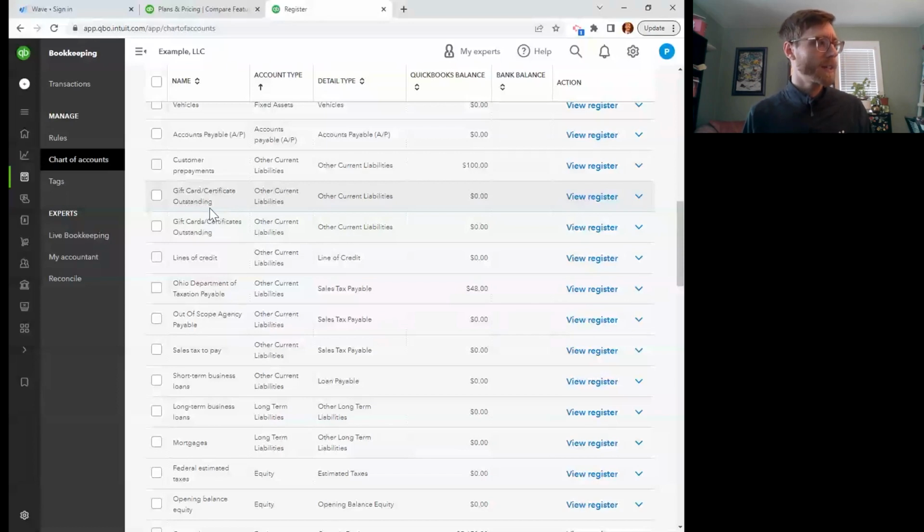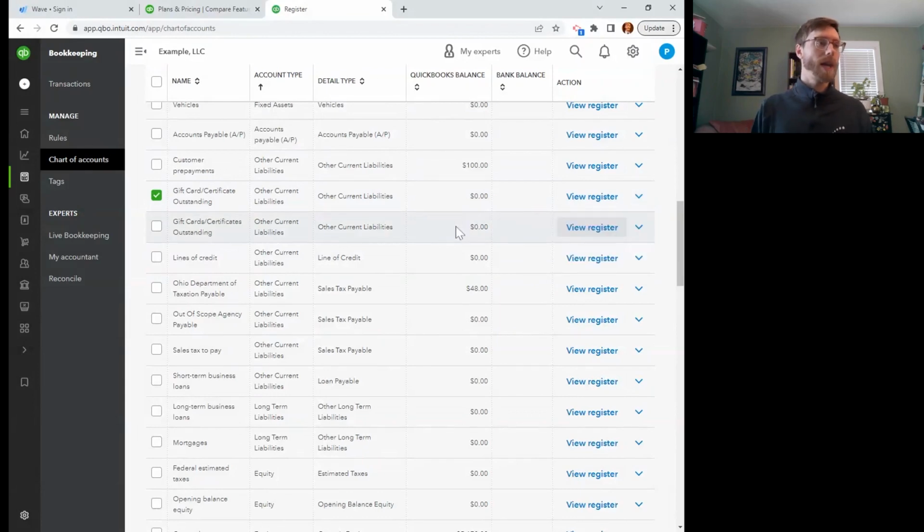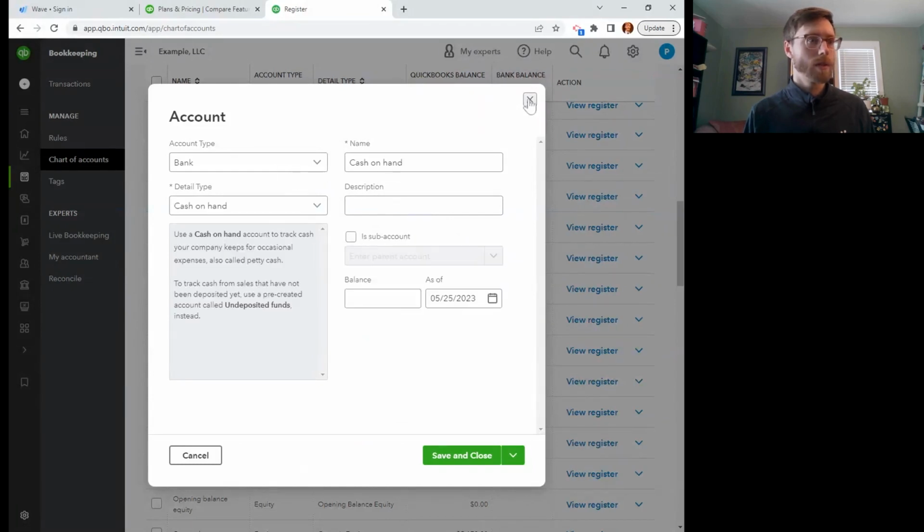And it looks like I've accidentally created two of these. So let's see if we can go ahead and delete one. I'm not sure which one has activity. So let's find out. Let's see what happens when we go to edit. It looks like I can change any of these once it loads. I don't want to change it.